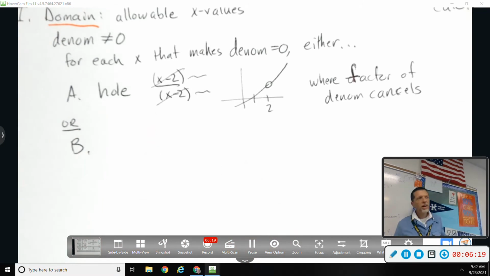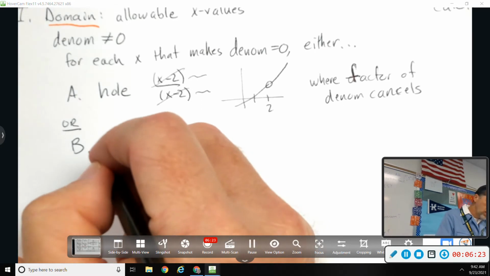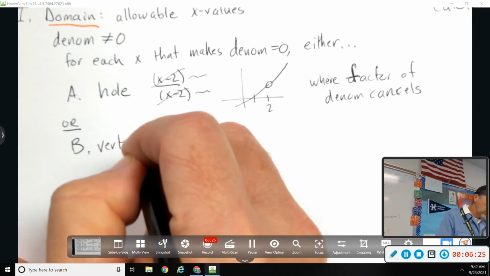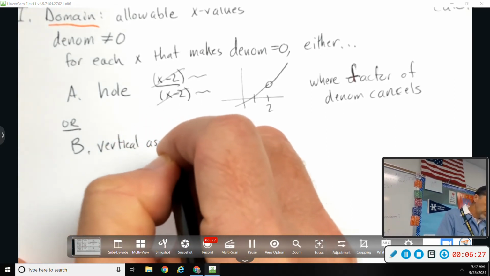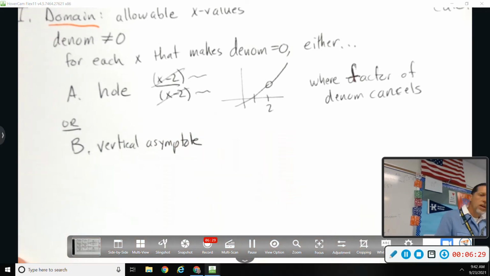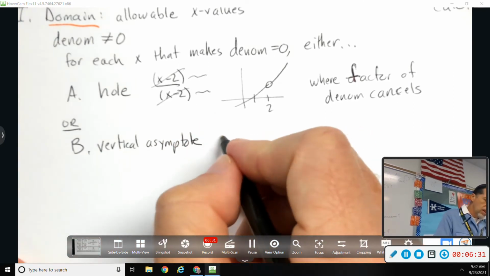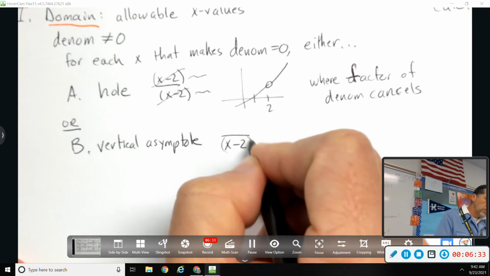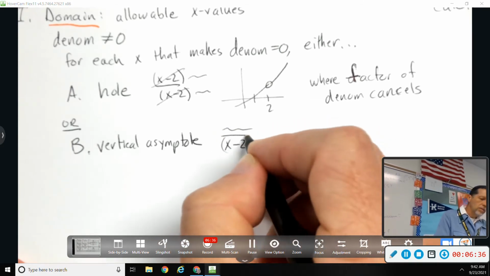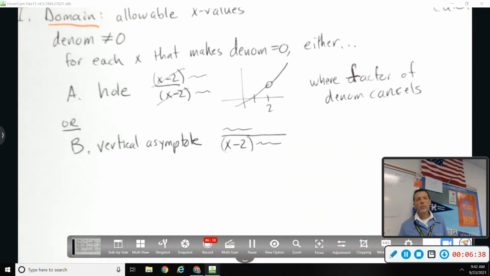Or, if it doesn't cancel, that would be the other option. There's a vertical asymptote. So if you have x minus 2 in the bottom, maybe you got more stuff in the bottom, more stuff in the top, but the x minus 2 is stuck there. There's nothing you can do about it.